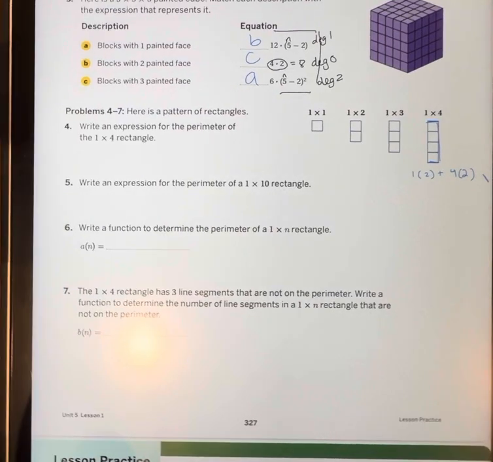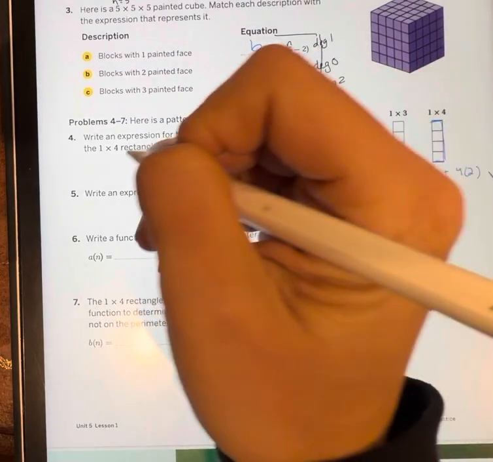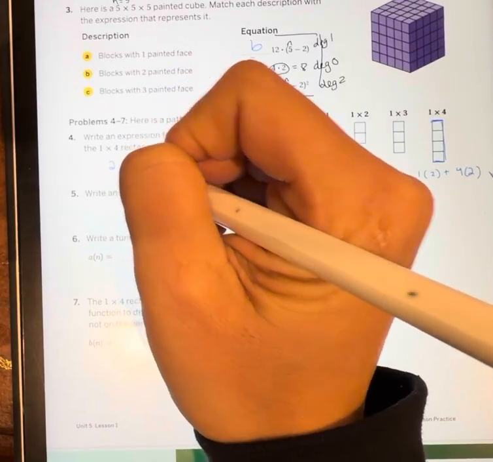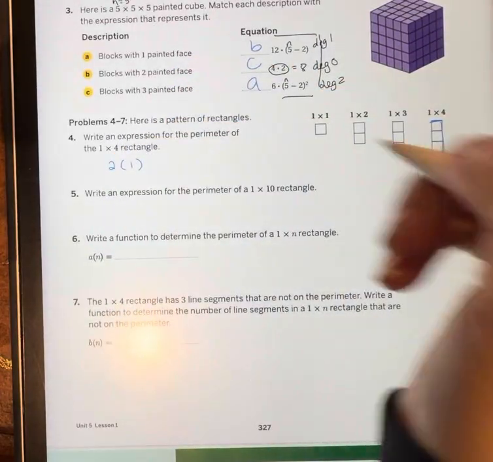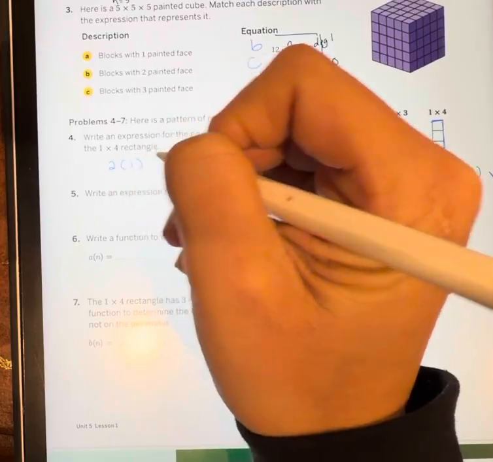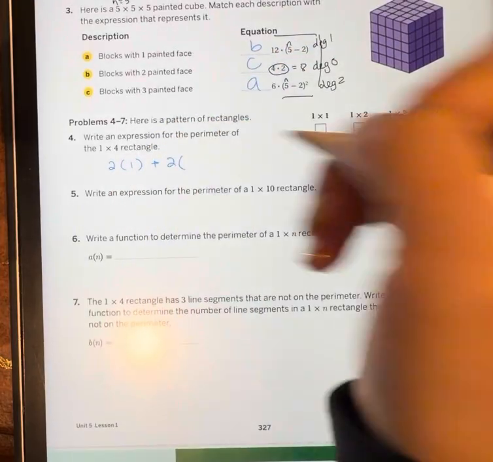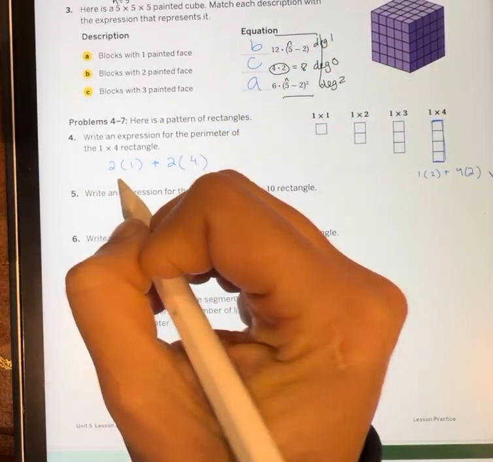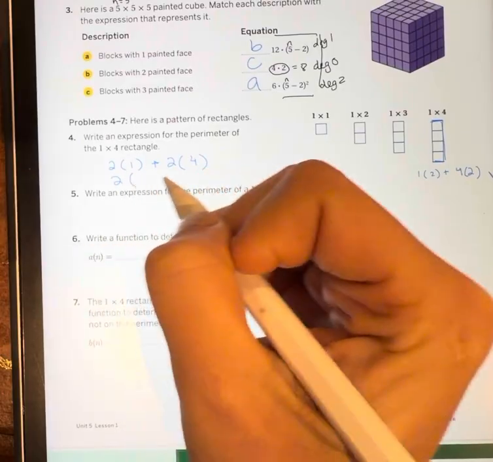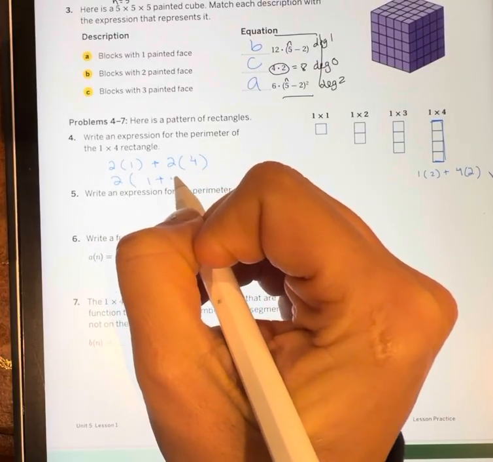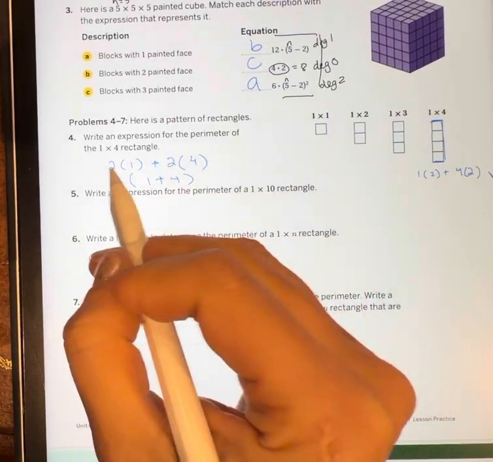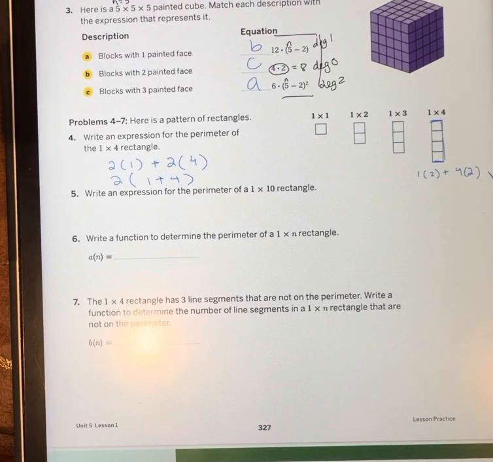So let's just say 2 times 1 plus 2 times 4. You may also write it as 2 times 1 plus 4 by taking the 2 out. Whatever way makes sense to you, it's fine.